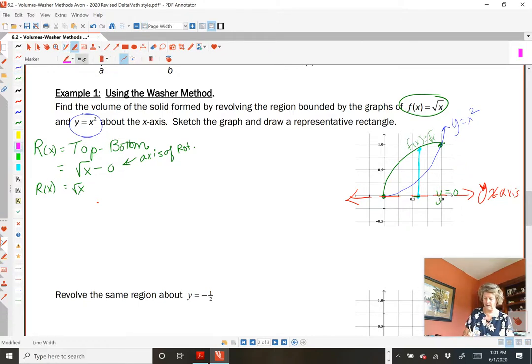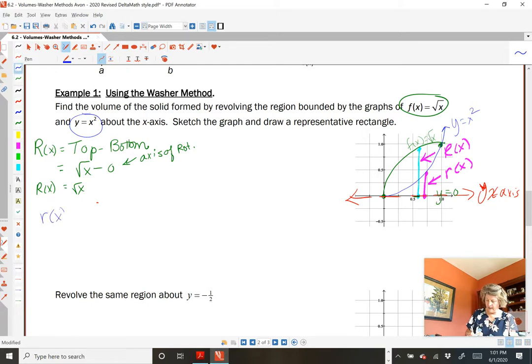Let's put this one in pink. The inside radius that generates the hole of the washer, this would be our little r of x, whereas this was big R of x. So little r of x, looks like blue.